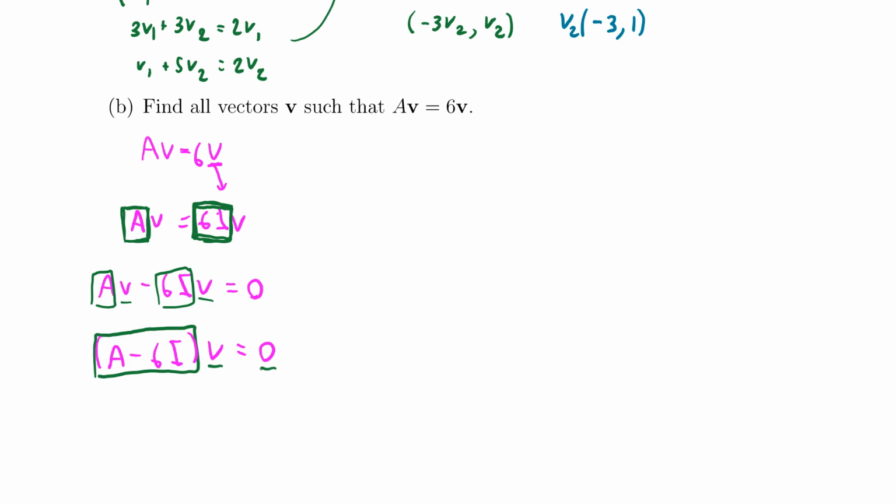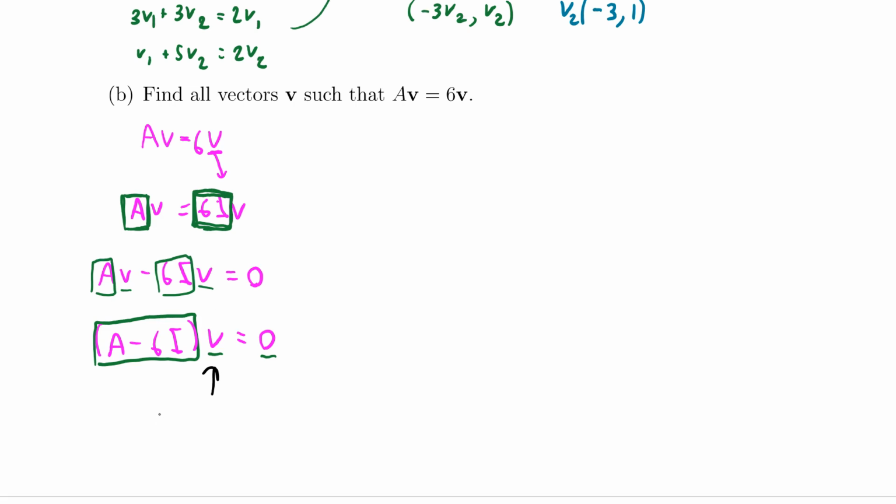So, another way of saying this is that my vector v that makes A minus 6I times v equal to 0, my vector v that makes A v equal to 6v, these vectors v actually belong to the null space of A minus 6I.